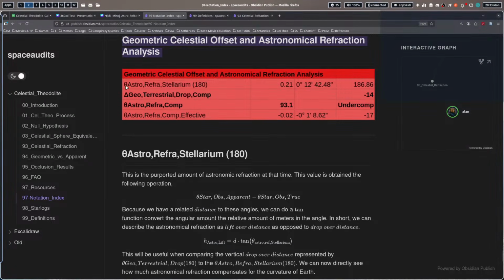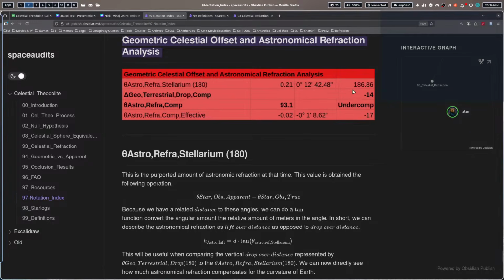So to go over that, we have theta, astronomical refraction, Stellarium. I'm not quite sure what equation they use, but it seems very similar to the G.G. Bennett formula. What we do is subtract the difference for the true position from the apparent, and that gives us how much refraction they say is there at the time. So we use that as our value for everything.